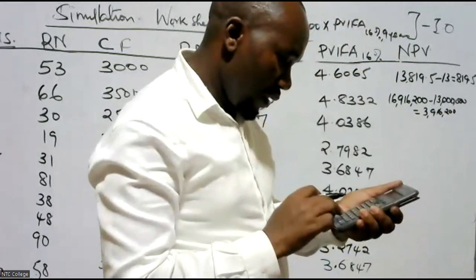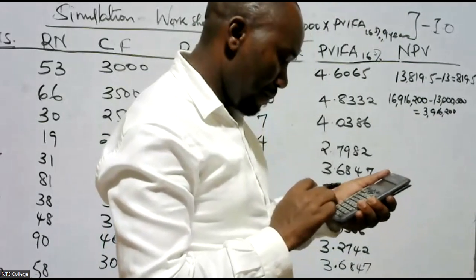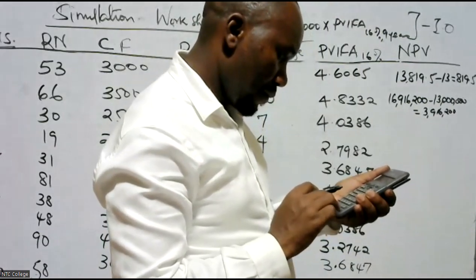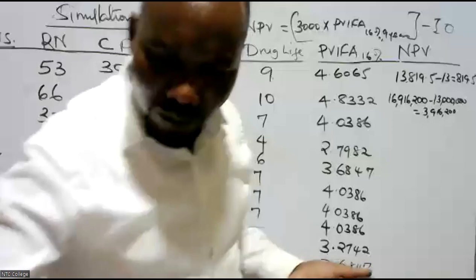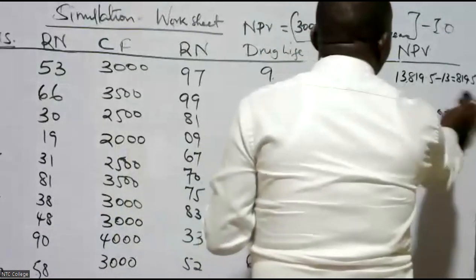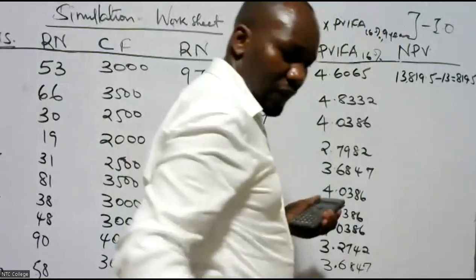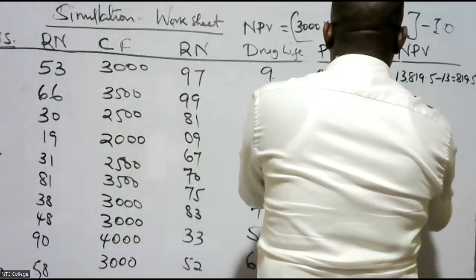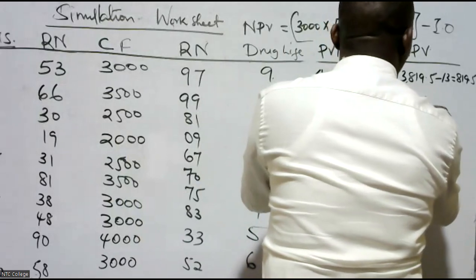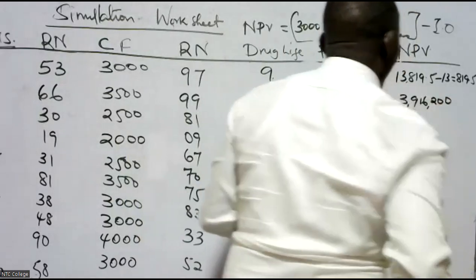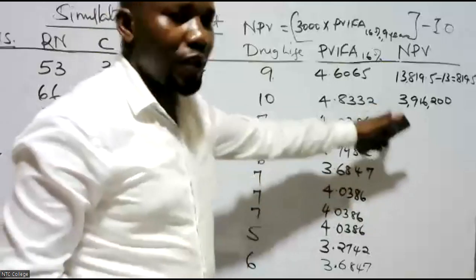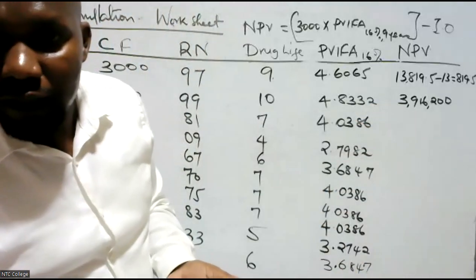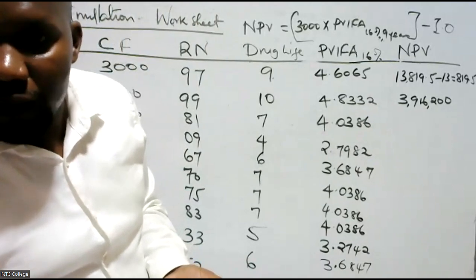To make it easier, just write the final answers that you're getting. So here we have 3,916,200. Now let's get them going down. The other one you're getting is 2.2 million.